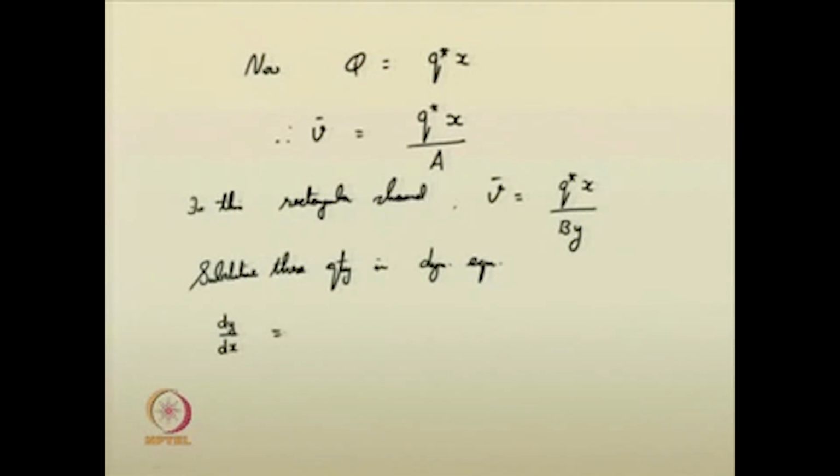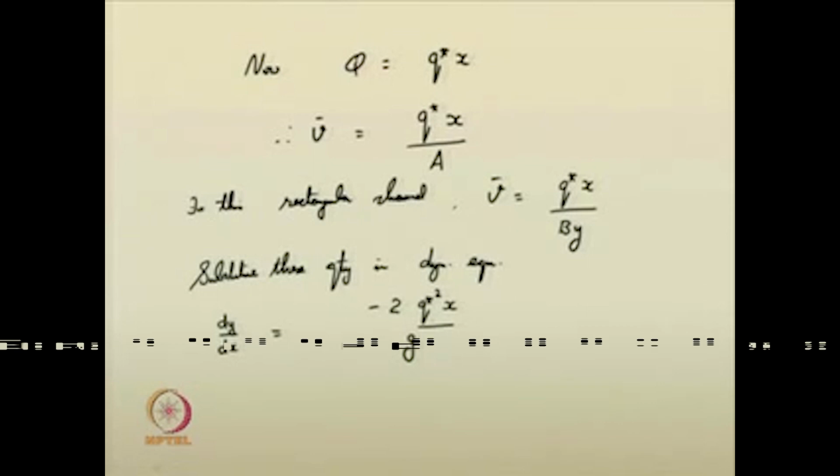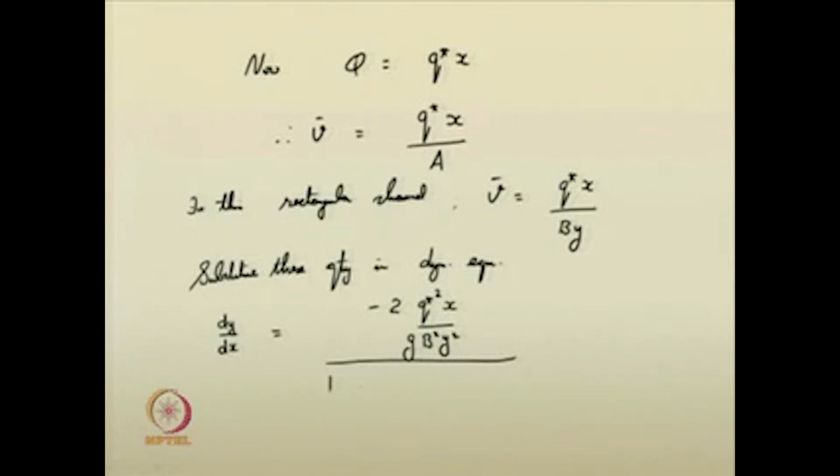So, dy by dx is equal to minus twice capital Q, which is q star x, times q star, so this becomes q star squared x by g B squared y squared, the whole thing divided by 1 minus q star squared x squared B by g B cubed y cubed.